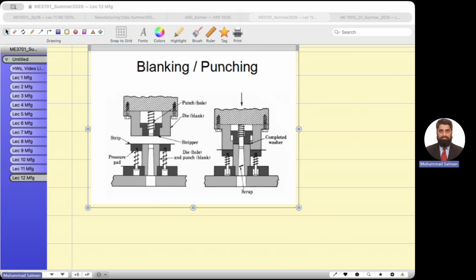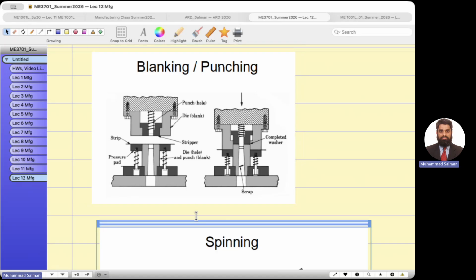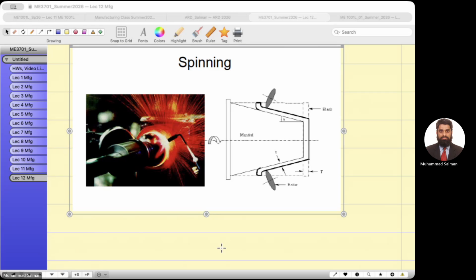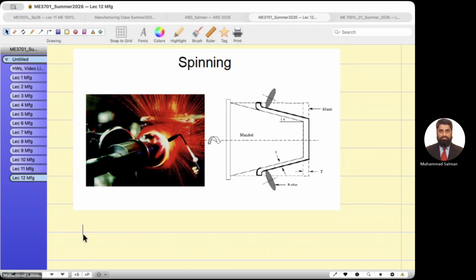Another kind of sheet metal process is spinning, while you are heating with the torch. You are producing the shape of the mandrel and pushing it along the mandrel surface. You start creating it.